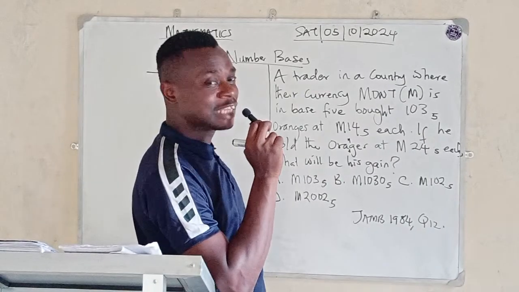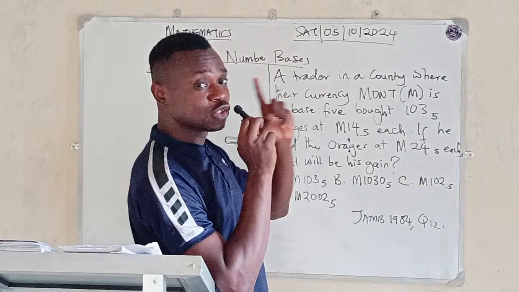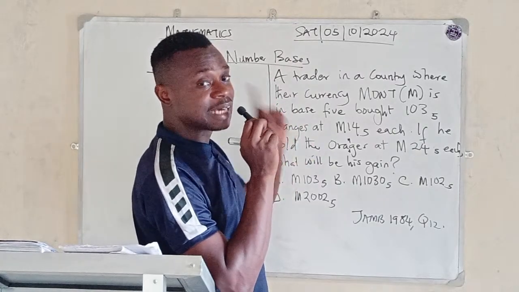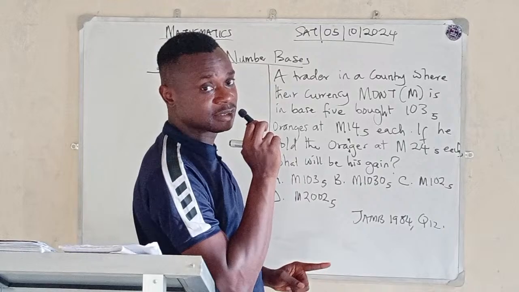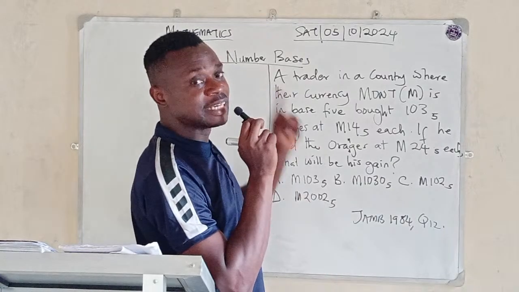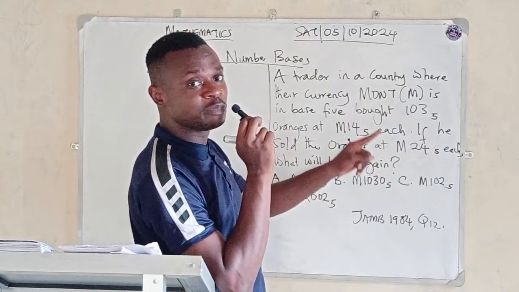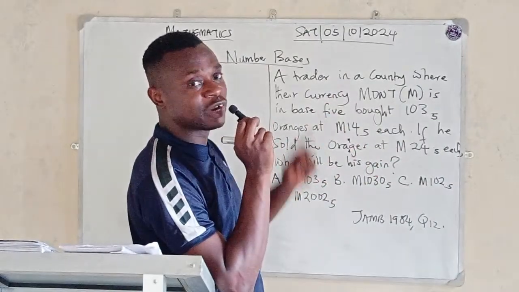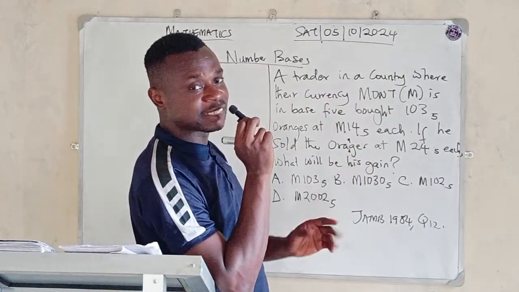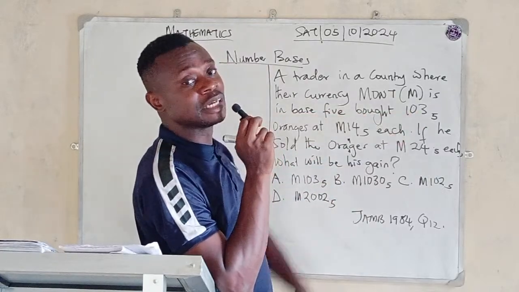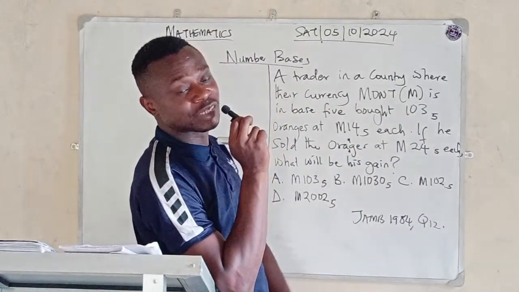What I mean is this: we subtract the unit cost price from the unit selling price. So we subtract the CP for one orange from the SP for one orange. Then the difference we now use to multiply the total number of oranges the trader bought. That will give us the profits of the trader.